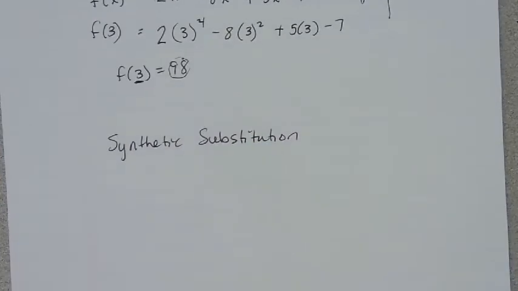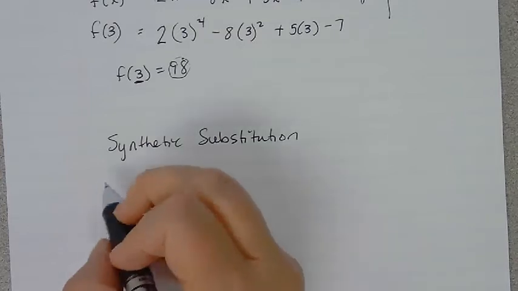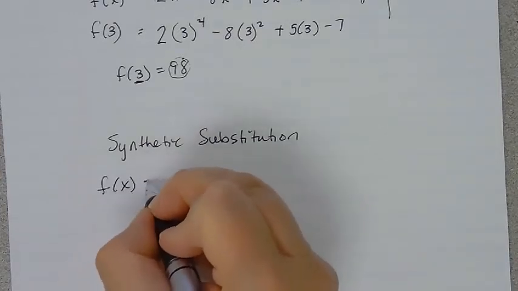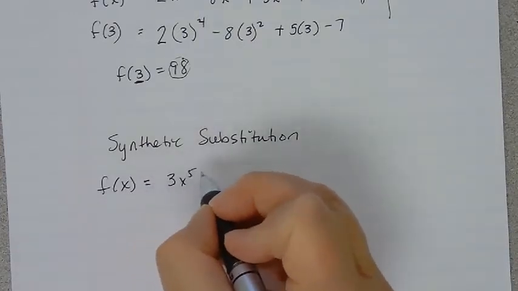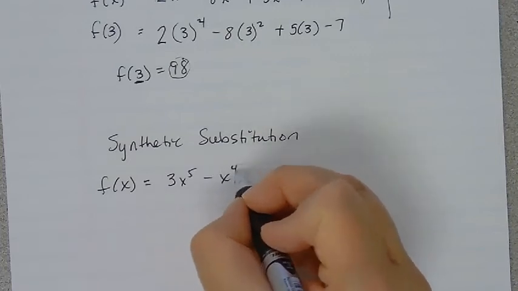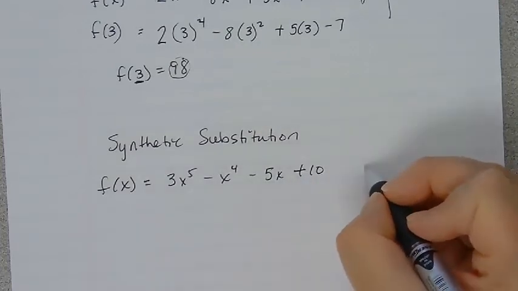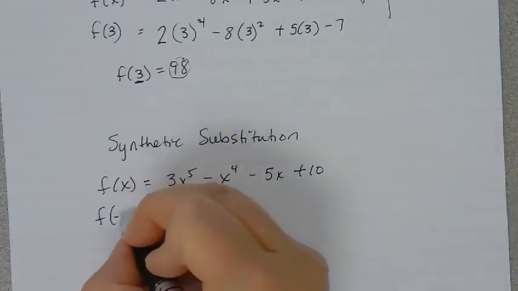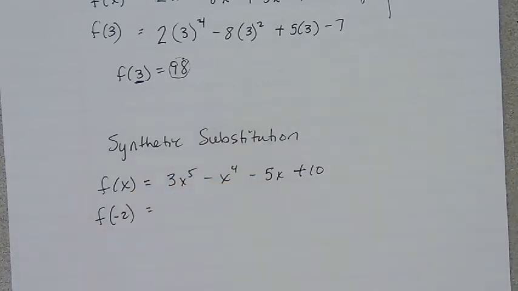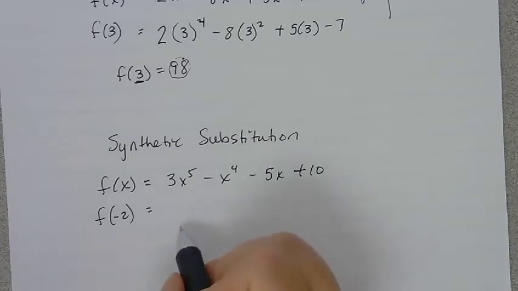So for synthetic substitution, we'll just pick another problem here. Let's do f of x equals 3x to the 5th minus x to the 4th minus 5x plus 10. And I want to find f of negative 2. So I'm going to use synthetic substitution.